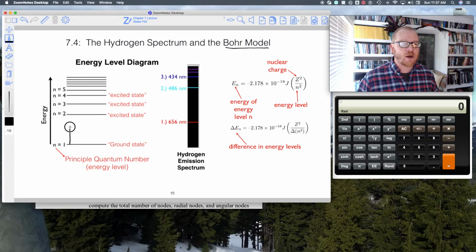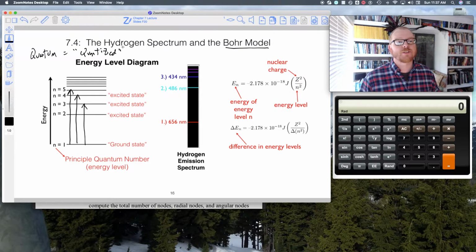And as it turns out, when energy goes in, it pumps these electrons up to these various excited states. This is why we call it quantum mechanics, because what quantum really refers to is that these energies are quantized.